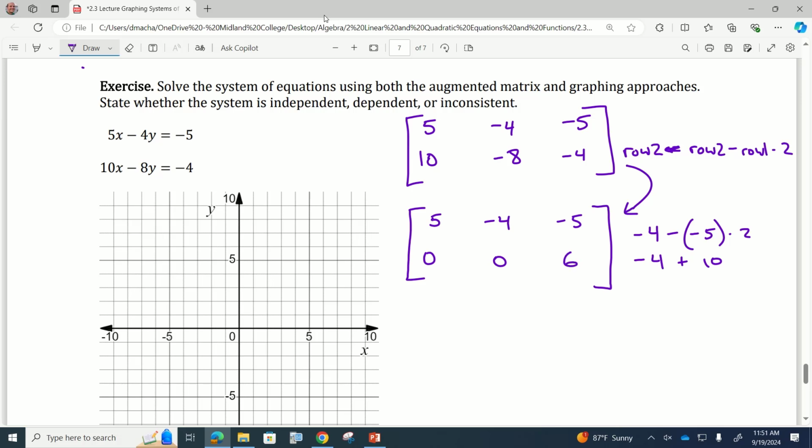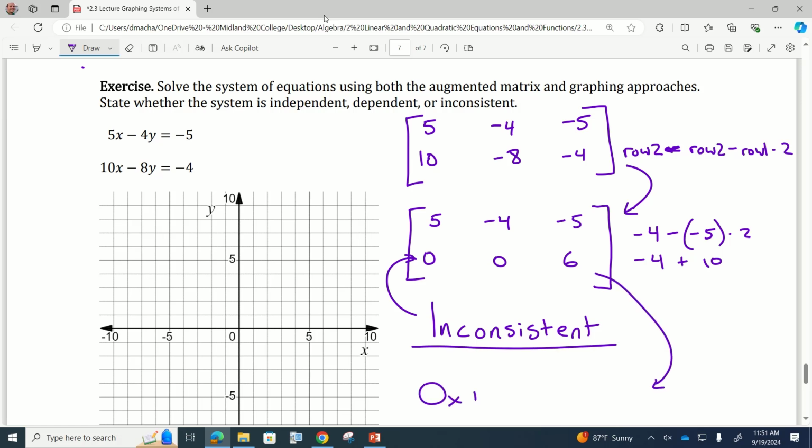So if I have a situation where one row in my matrix is 0, 0, but the third column has something non-zero, in this case 6, that row tells me this is, yeah, exactly, inconsistent. And if it's inconsistent, think about what this row is telling us.